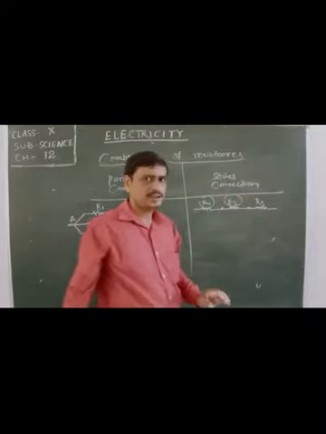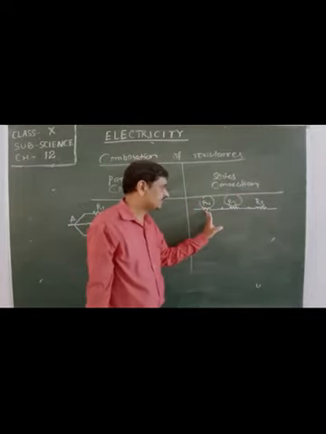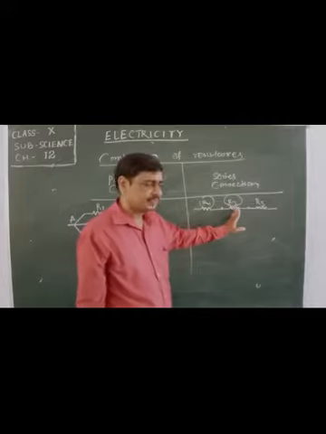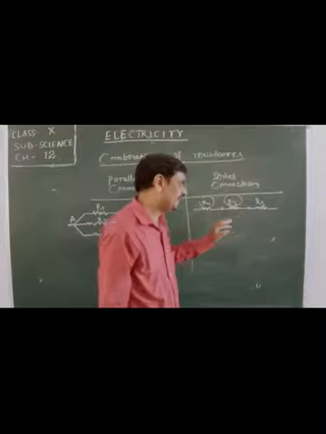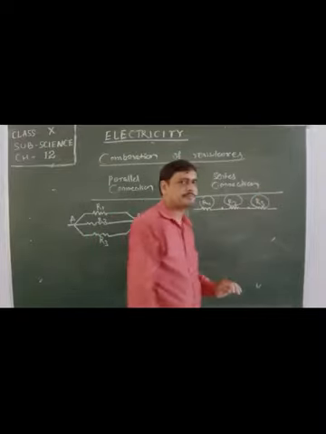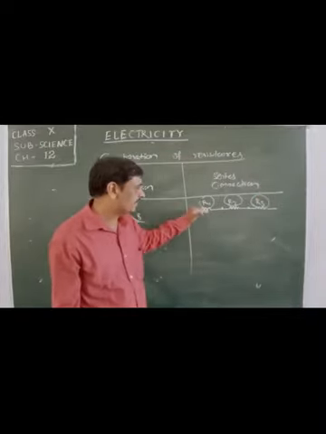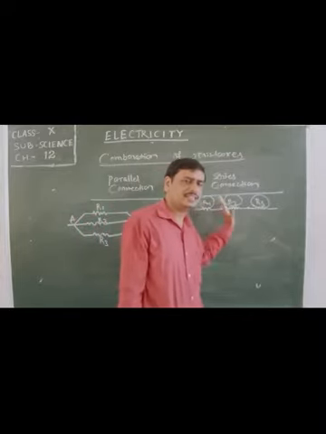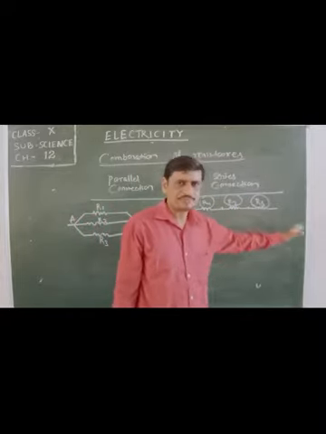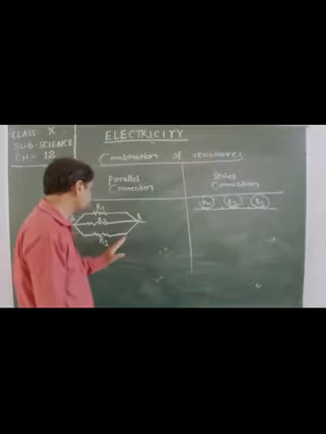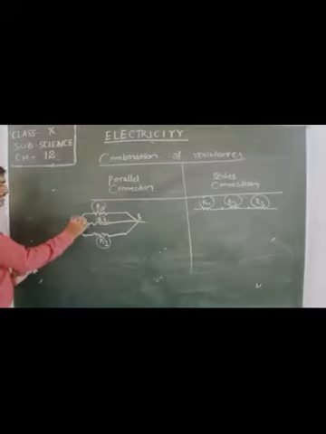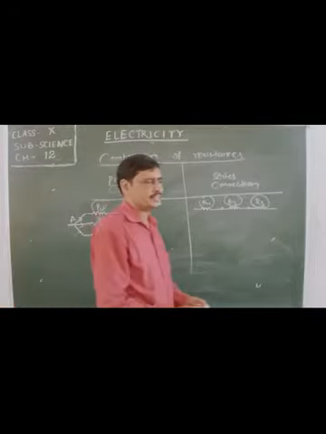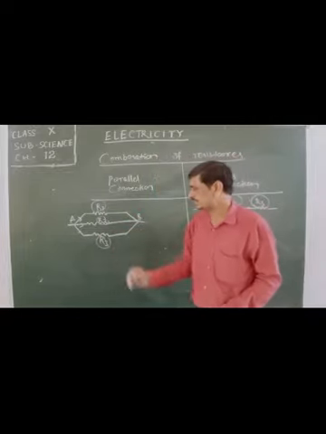Then the second resistor uses some electric energy, and the remaining comes to the third resistor, so the amount of electric energy decreases as it is transmitted from one resistor to another. But in parallel, every resistor obtains electric energy from the same source, so an equal amount of electric energy passes through each of the resistors.